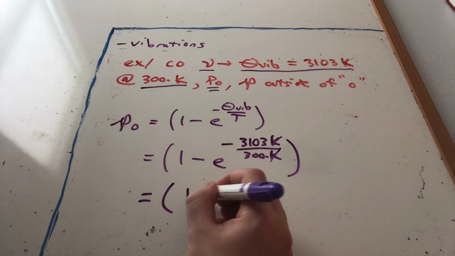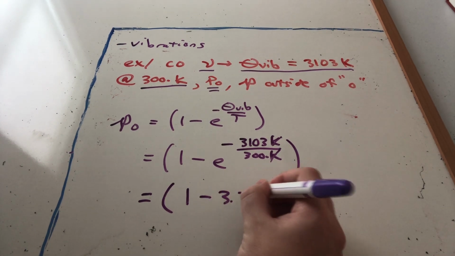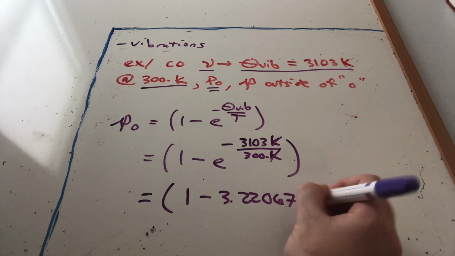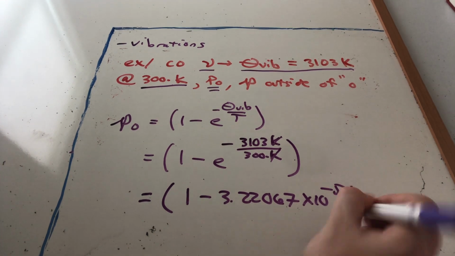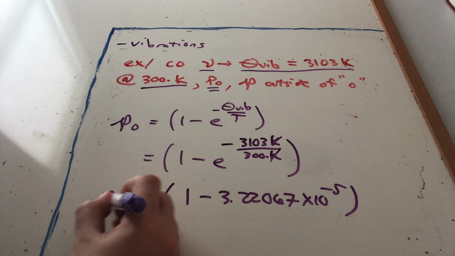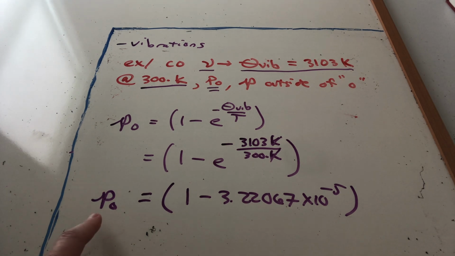What I get is 1 minus 3.22067 times 10 to the minus 5. Now this is the probability to be in the ground state. And I'm just going to write the number above here.